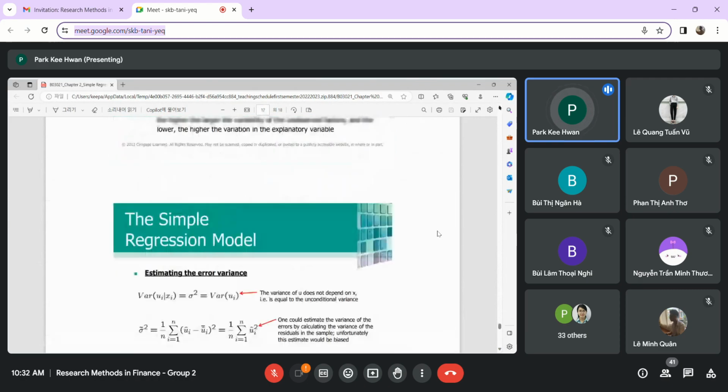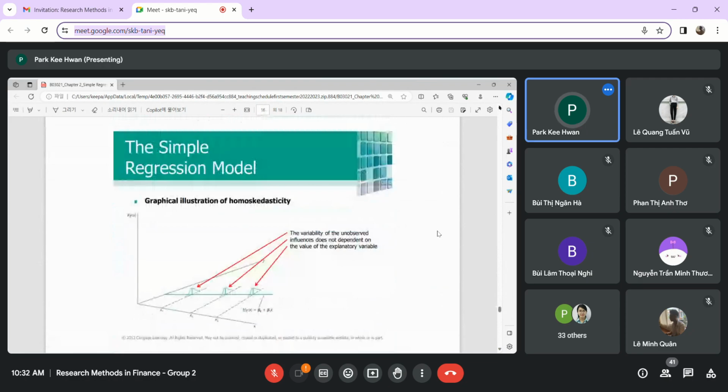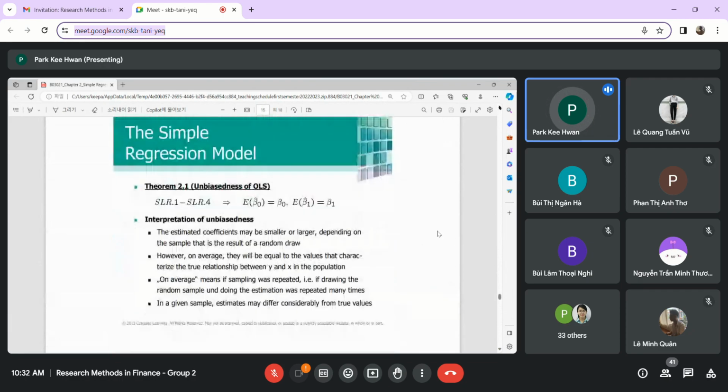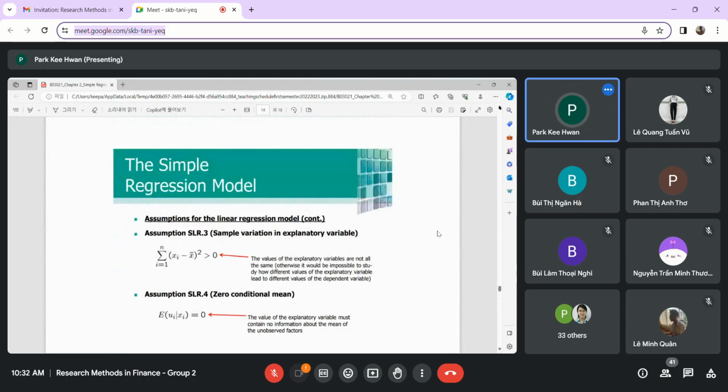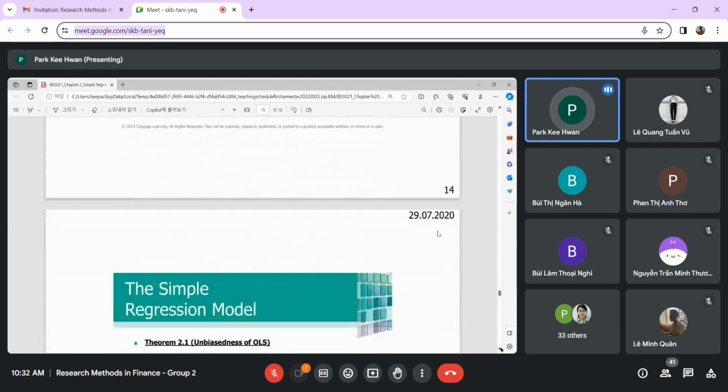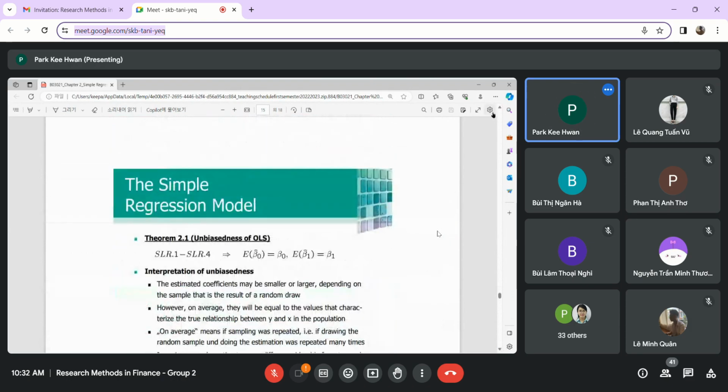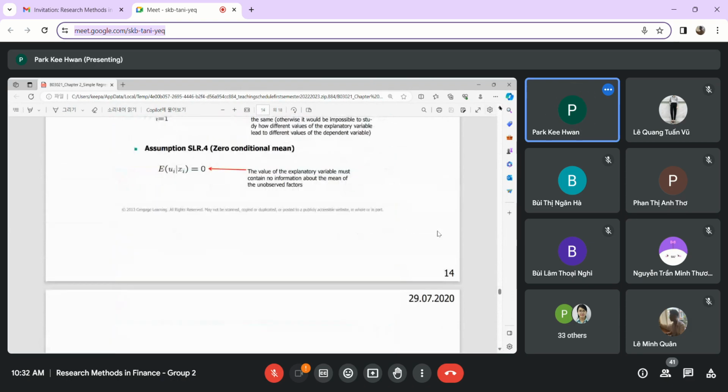Now, the key assumption in this case, remember this assumption: the zero conditional mean. We will talk about this assumption again and again in later chapters.